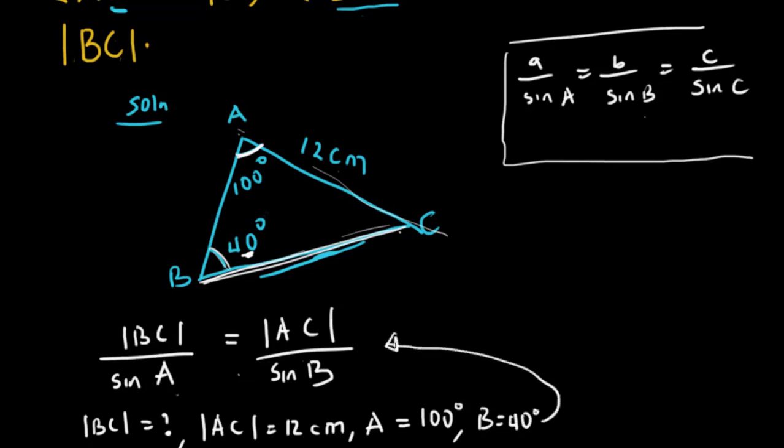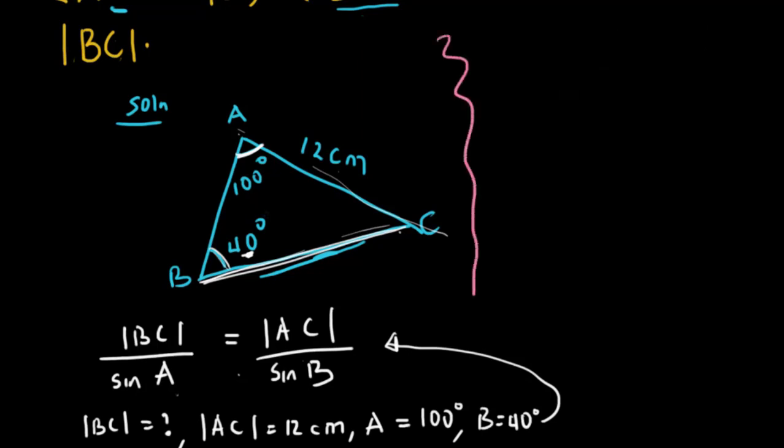So we slot this into the formula. We have line BC over sine 100 equals line AC, which is 12, over sine 40 degrees.